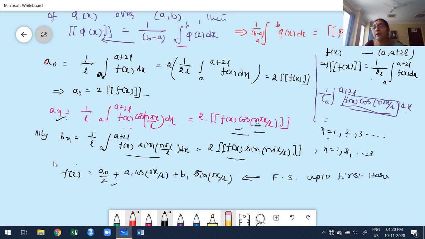Similarly, suppose they ask up to the second harmonic. Keep in mind a naught by 2 is the direct current or constant term.